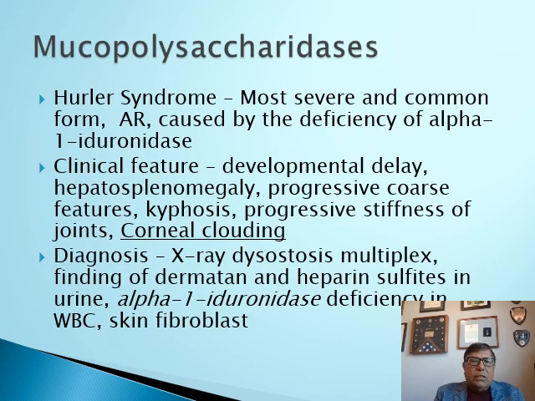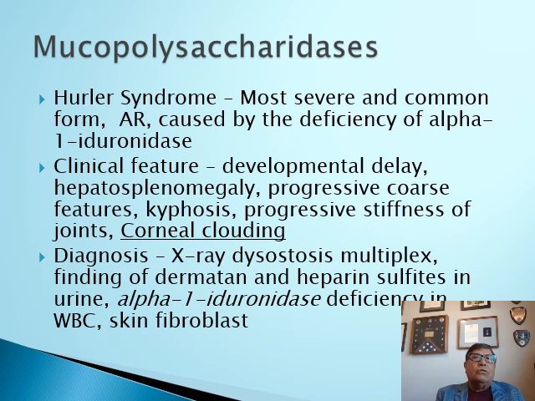Now, the next group of lysosomal storage disease is rather complicated, and they are also known as mucopolysaccharidoses. So, the one that is more common and pretty well known is Hurler syndrome.